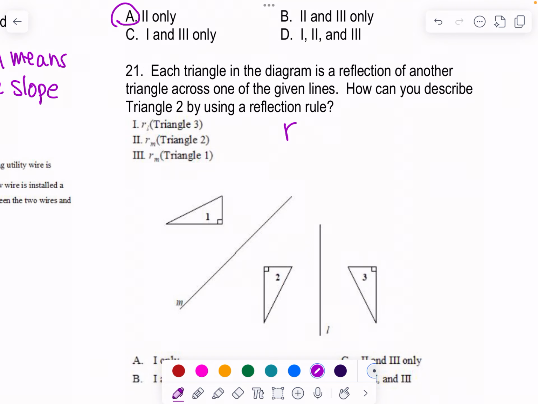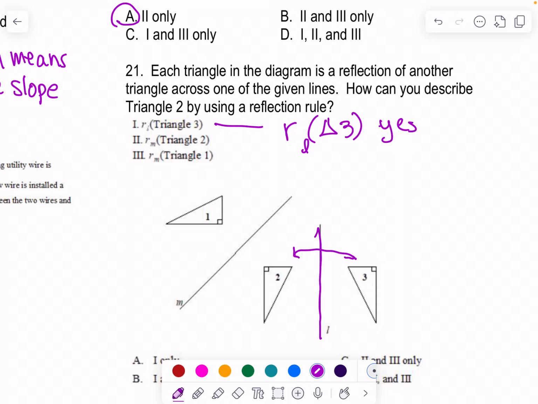It says R with a little L means you reflect across line L. So this means reflect triangle 3 over line L. If I just reflected 3 over line L, it goes over there, that looks good. So this looks like yes.